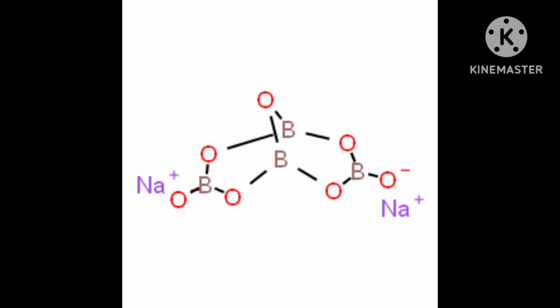B2H6, a poisonous gas, always remember, plus 6H2O gives 2B(OH)3, orthoboric acid, plus hydrogen gas, 6H2.